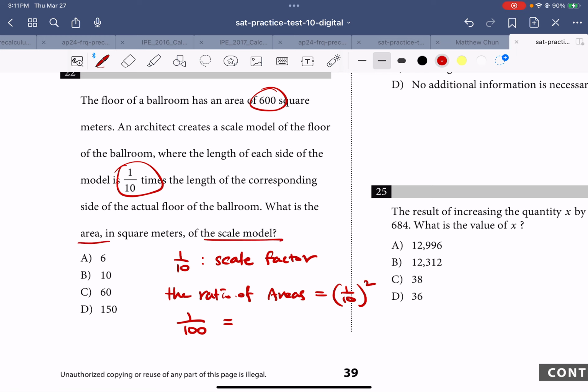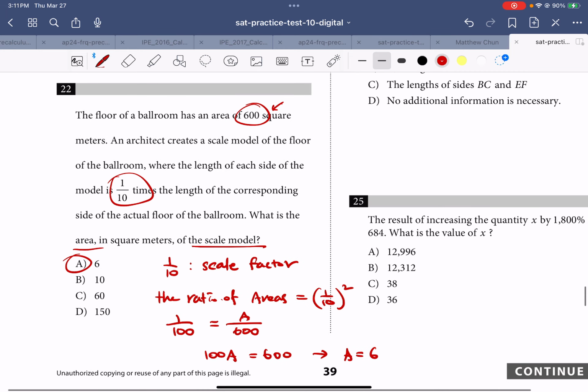So let's say the model area is A, and the actual area is 600. When you cross multiply, 100A equals 600. So A is 6. So the model area will be 6 square meters. Okay, so 22 is A.